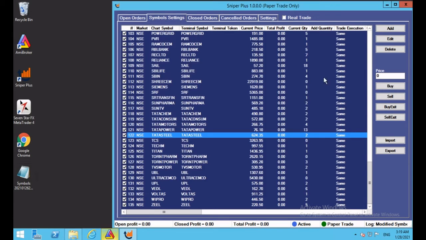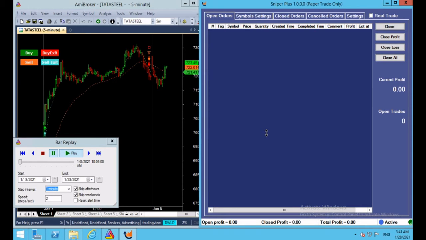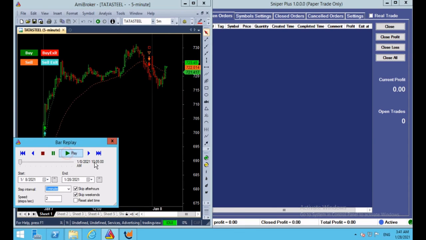Now we have enabled the hybrid mode for Tata Steel. Okay, now come to the chart. Now let us see how the hybrid mode will work. First we need to see whether all the open trades and cancelled orders are closed here. Okay, now click on play.